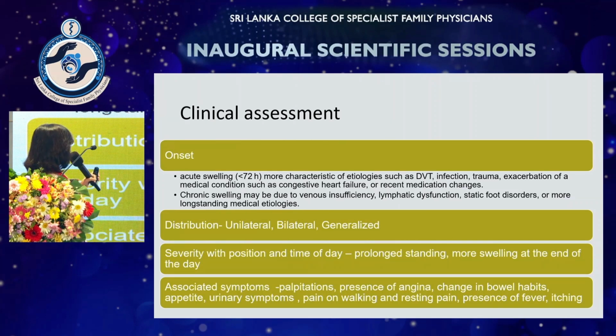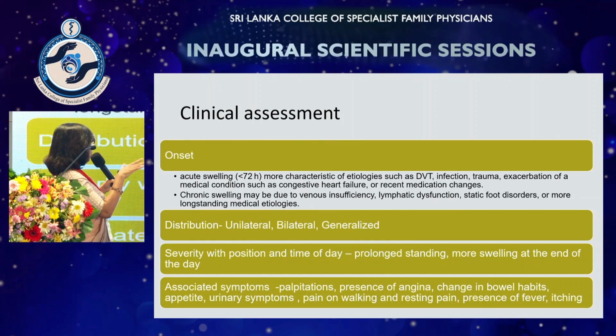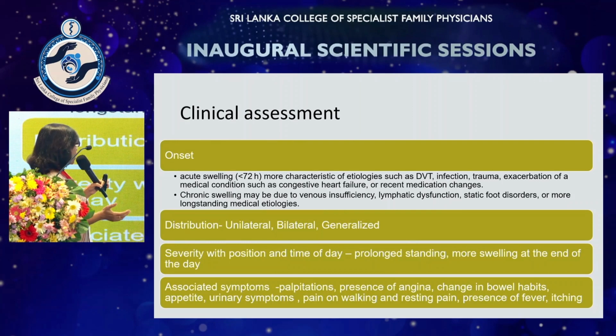And it's more characteristic of etiologies such as, to give some examples, DVT, infections, trauma, exacerbations of medical conditions such as congestive cardiac failure, or recent medication. If you change some medication, we also have to consider that.